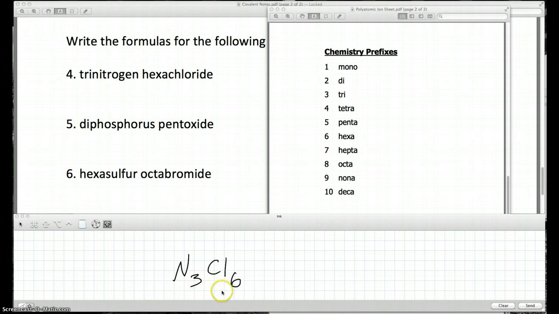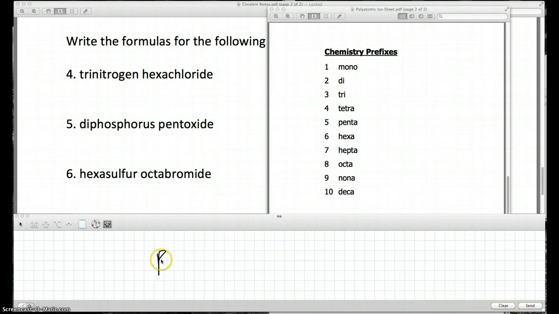And for ionic compounds, you always do that. But for covalent compounds, the compounds we're learning how to do this chapter, you do not reduce them. Trinitrogen has to be 3 nitrogens. Hexachloride has to be 6 chlorides. So do not reduce. Let's do the next one here.